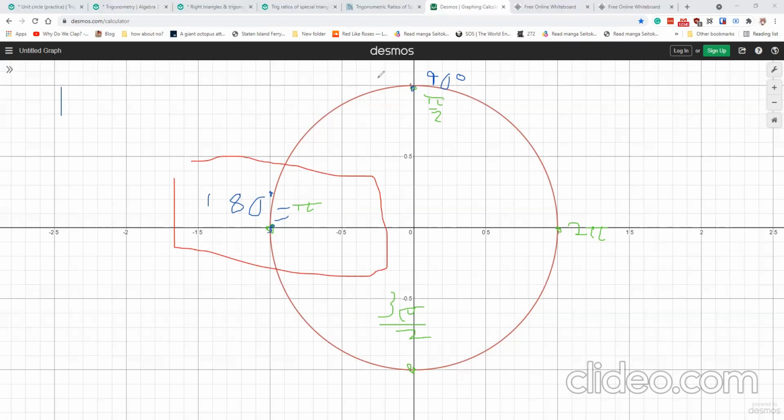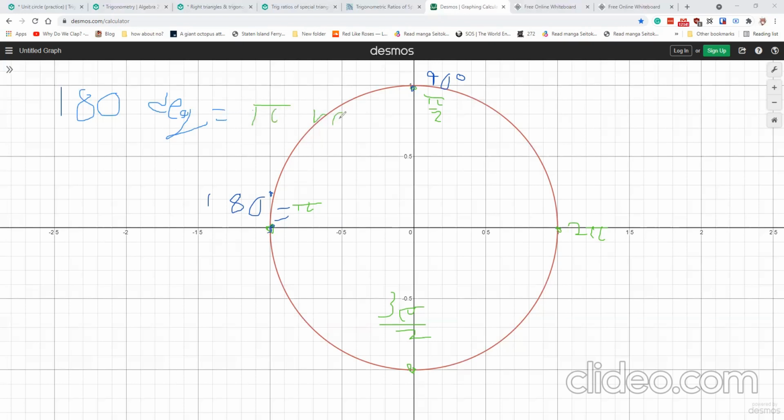We're saying that 180, and for convenience, let's use DEG for degrees, 180 degrees is equal to pi, and let's use RAD for radians. So 180 degrees is equal to pi radians.